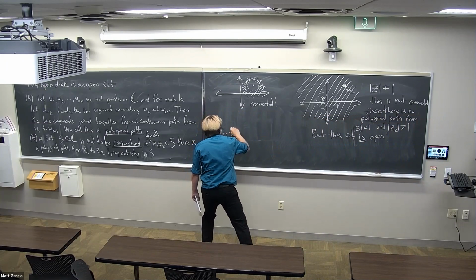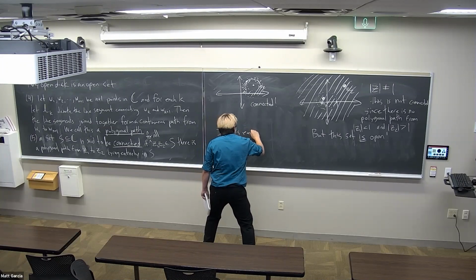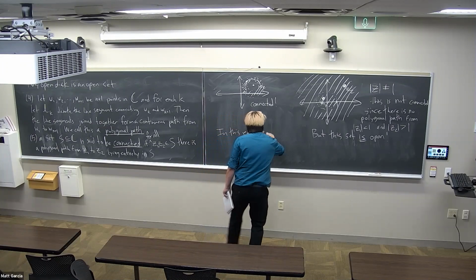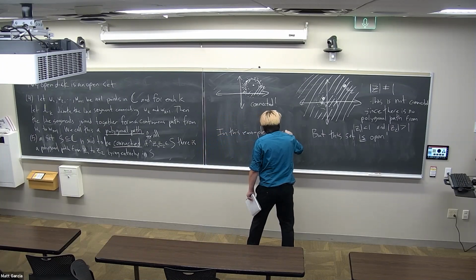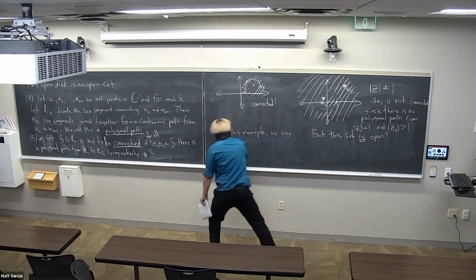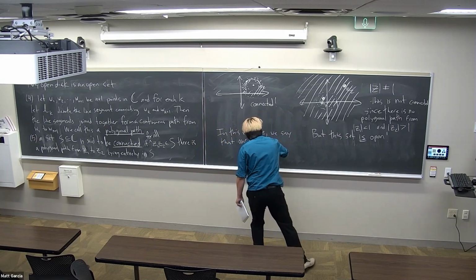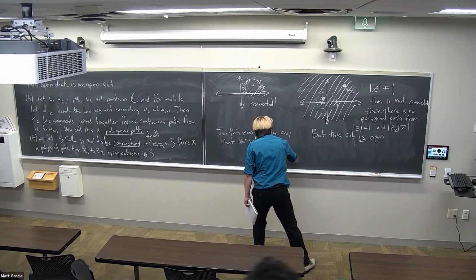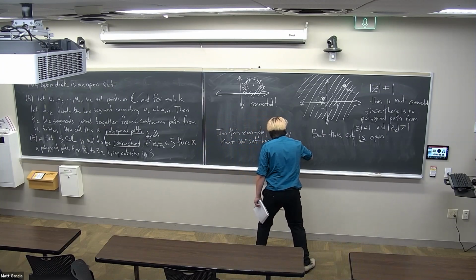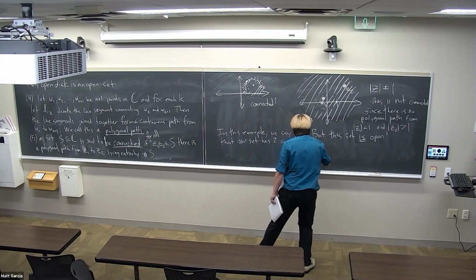In this example, we say that our set has two connected components.